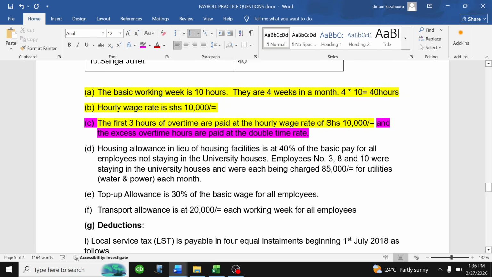Before we go to part D, there is this which I marked purple. The excess overtime hours. Now the excess overtime hours start from 43 hours. So those who are working for 43 hours and above, we shall create an extra bonus scheme for them, which is called excess overtime.